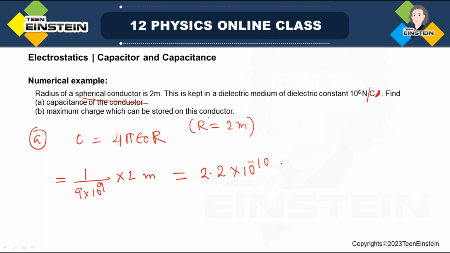This is the capacitance, that is, farad. Now what is the maximum charge which can be stored on this conductor?